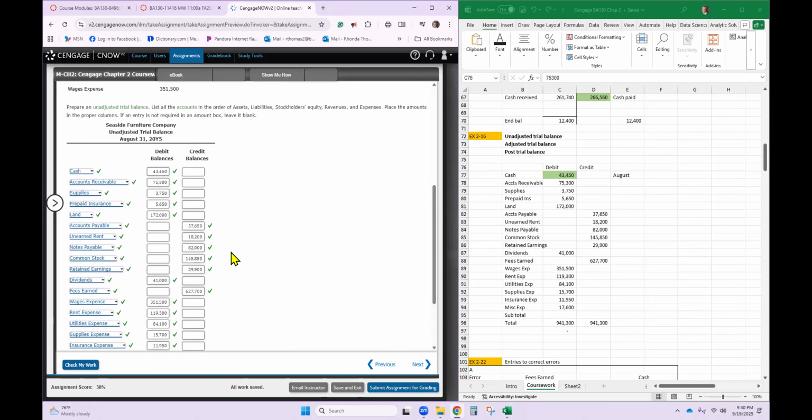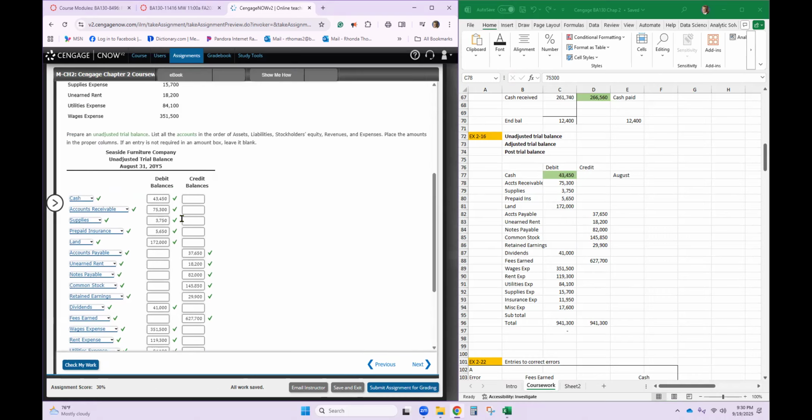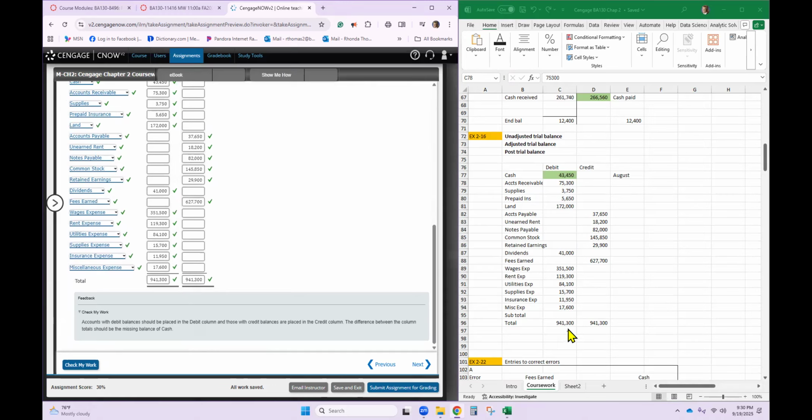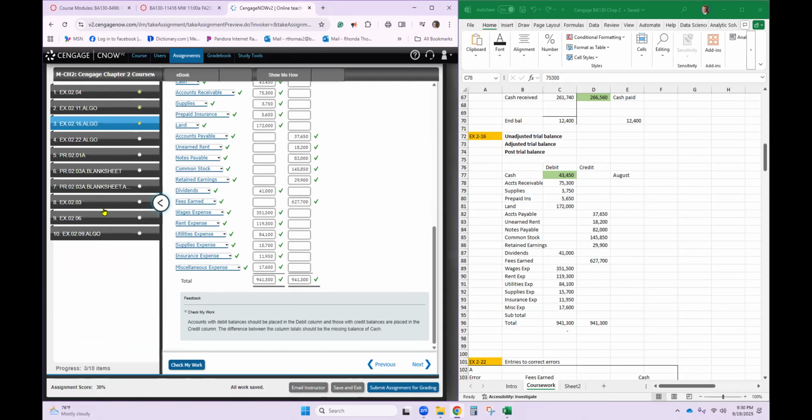Okay, so there it is. There's a trial balance with the cash missing, and you had to put things in correctly and subtract the smaller column from the bigger column to find what you're missing.